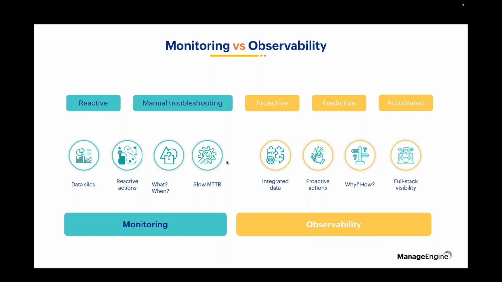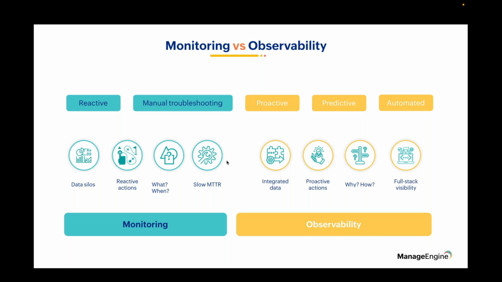When you are dealing with monitoring, which is a reactive mechanism, the mindset is what happened and when did it happen. Whereas when we do observability, which is a proactive, predictive, automated method, we understand why it may happen and how it can be prevented. This kind of mindset grows. In monitoring, which is reactive, the mean time to repair is always slow because you're waiting for the problem to happen to take an action.